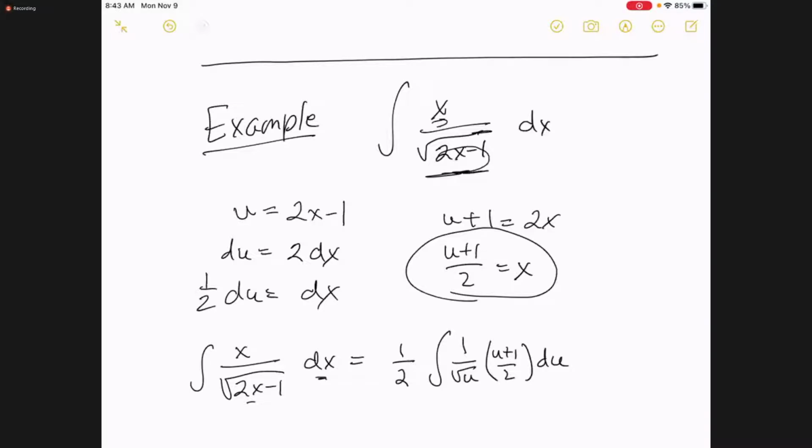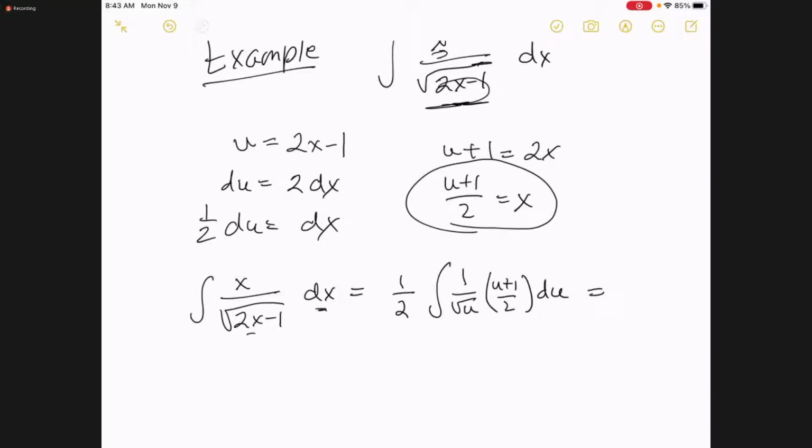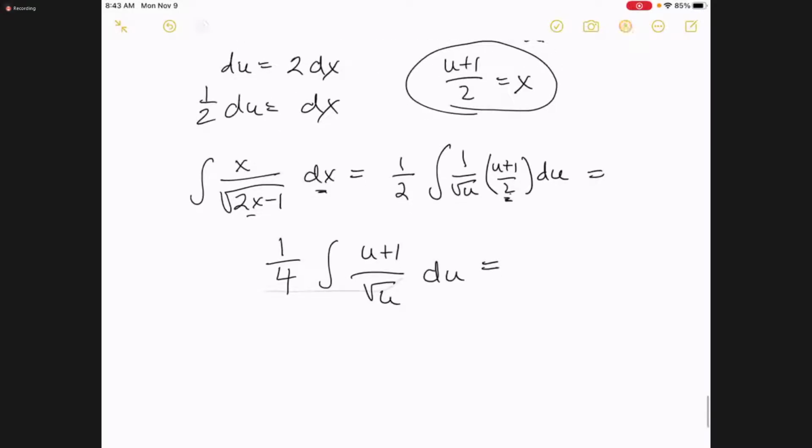All my x's are now written in terms of u. And let's see if this helps. Okay. Well, I've got another 1/2 in there, right there. I can pull that out. And then I've got u plus 1 over the square root of u. And that is u plus 1 times u to the minus 1/2.